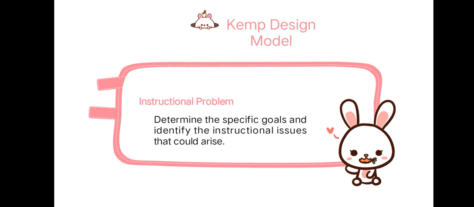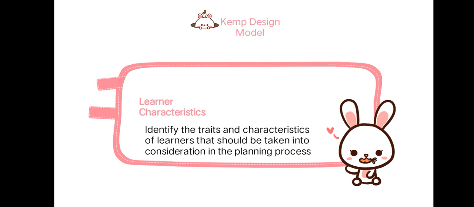Next one is learner characteristics. Identify the traits and characteristics of learners that should be taken into consideration in the planning process. Meaning to say, when planning instruction, it is important to consider the traits and characteristics of the learners.